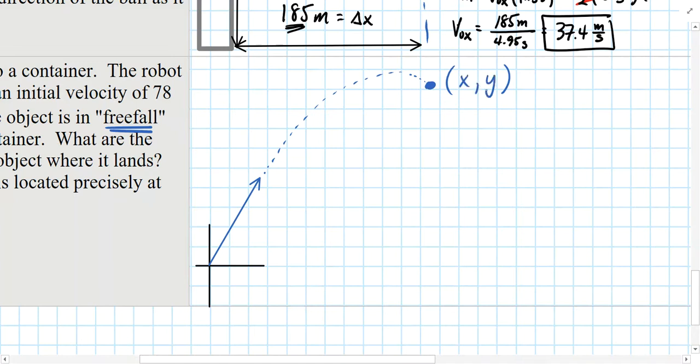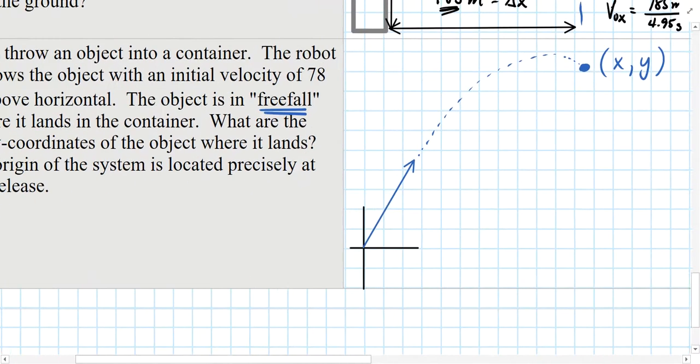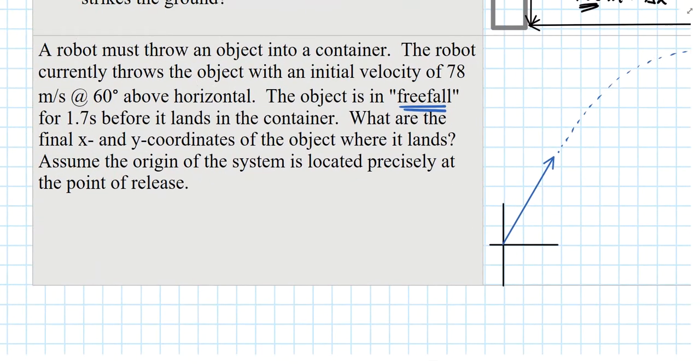Now again, this is the x and y coordinate after release. The robot could be down here in this position or something, and the robot's hand might be some measurement above the floor. But as far as this system goes, we're just concerned about when the point of release happens, where does this object land relative to that position?